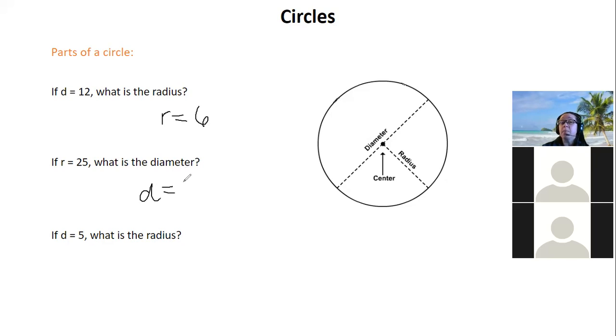No, good try, but radius is half. So we would multiply by 2 to get the diameter. You've got to be real careful there. So if we have a diameter of 5, what's the radius?